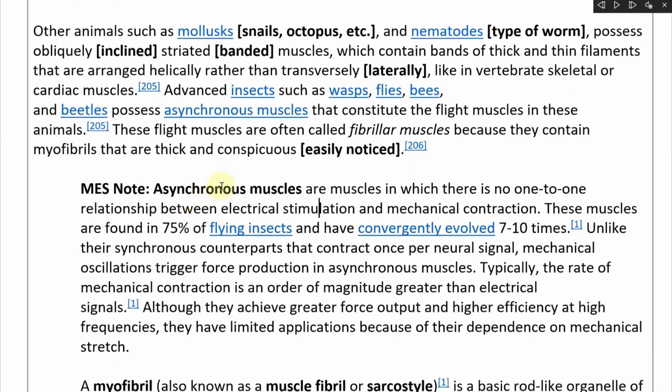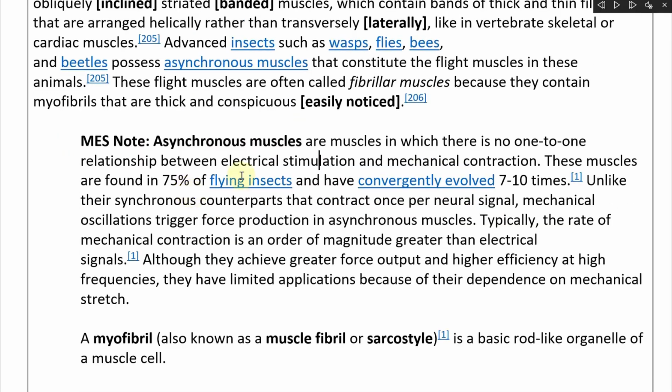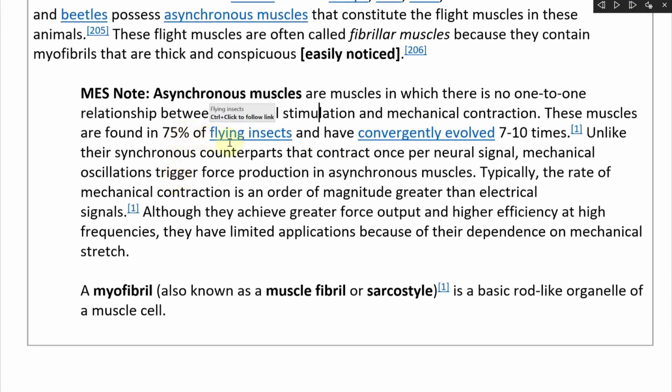Asynchronous muscles are muscles in which there is no one-to-one relationship between electrical stimulation and mechanical contraction. These muscles are found in 75% of flying insects and have convergently evolved 7 to 10 times.